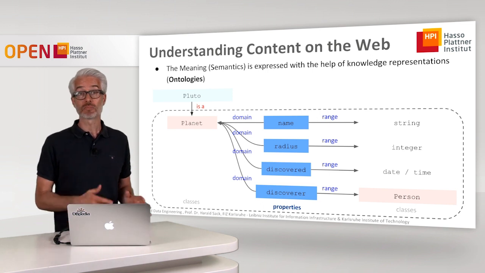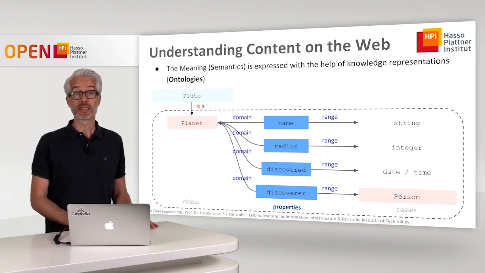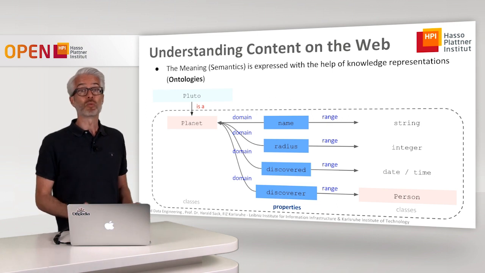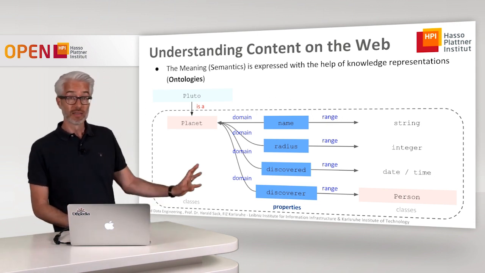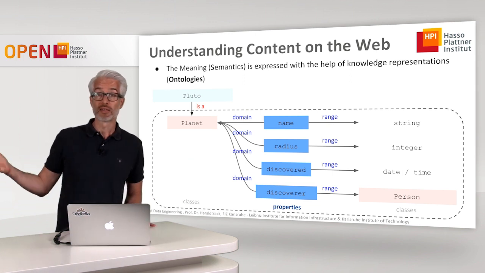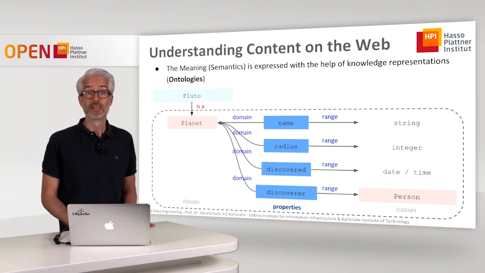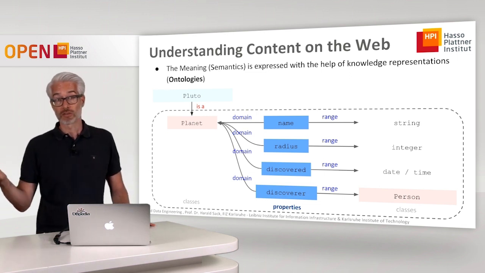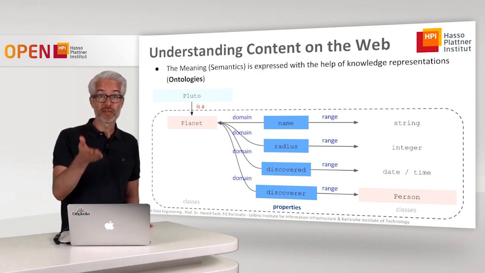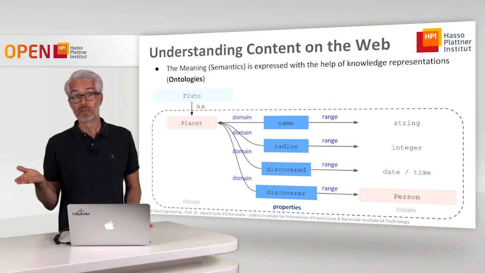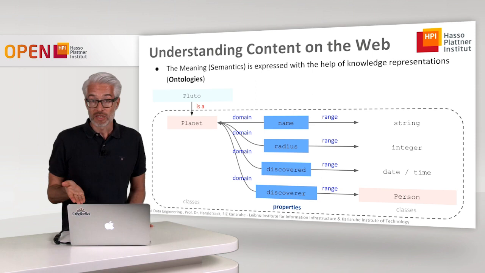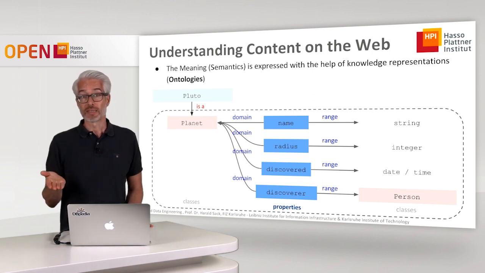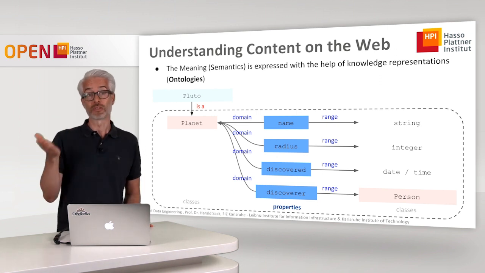These are so-called properties, and properties are usually defined by defining a domain and a range for a property. So, for example, for the name, you can say the domain is a planet, and the range then is a character string. So, which means the name is expressed as a character string for a planet, or the radius is expressed as an integer number for a planet, or the discovery date of a planet is expressed as a date or time, or the discoverer of a planet usually is a person.